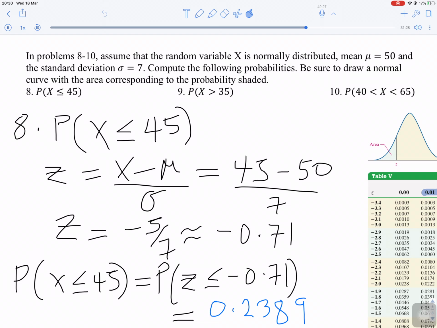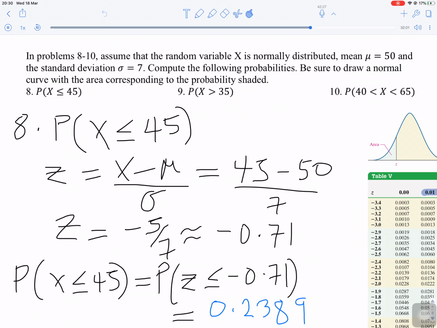So the formula is z equals x minus mu, divided by sigma. The x is the value that we are working with. So x in this case is 45 minus 50 over 7. So our z-score is approximately negative 0.71. I made it to 2 decimal places because our standard normal table gives us the z-scores to 2 decimal places.